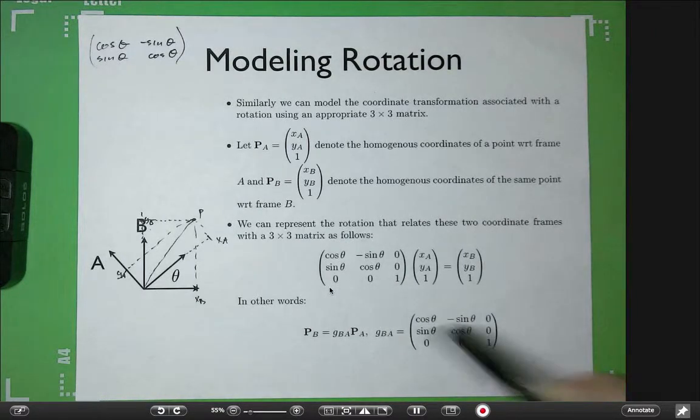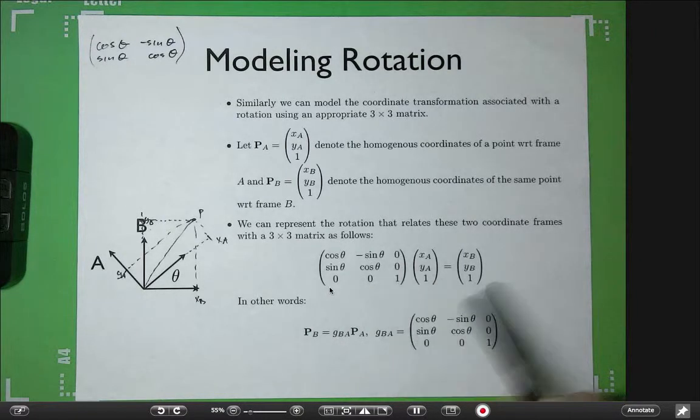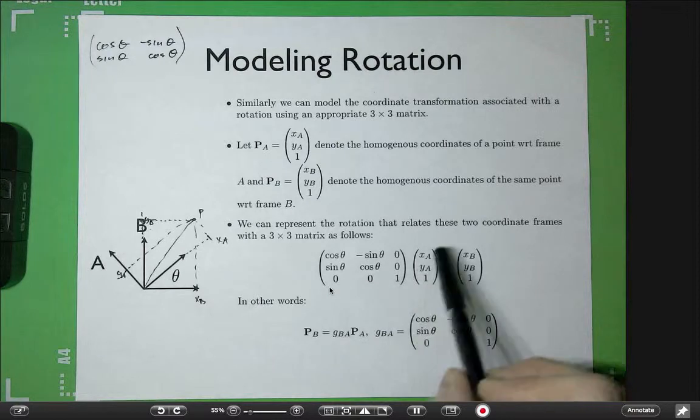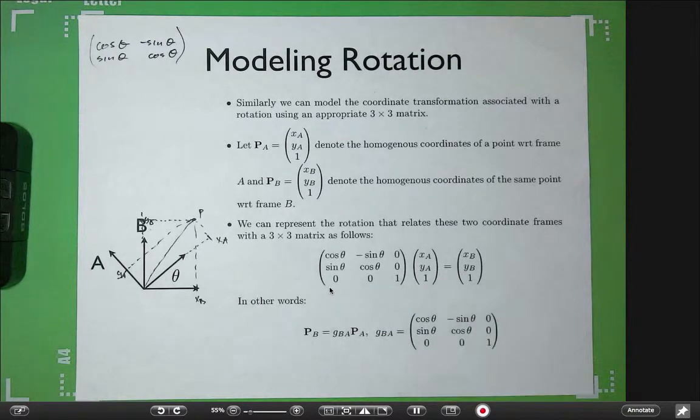So if I carry out the multiplication, XB and YB will be exactly rotated XA and YA. That's what I wanted, because here the coordinates differ just by rotation. All I need to do is rotate the vector, and the homogeneous one is unchanged, because the zeros hit the X and Y, so I get 1 here. So here the coordinate transformation matrix G has this form.